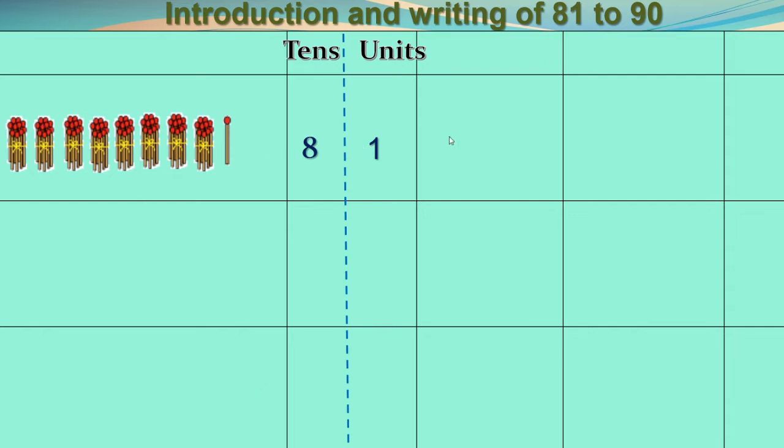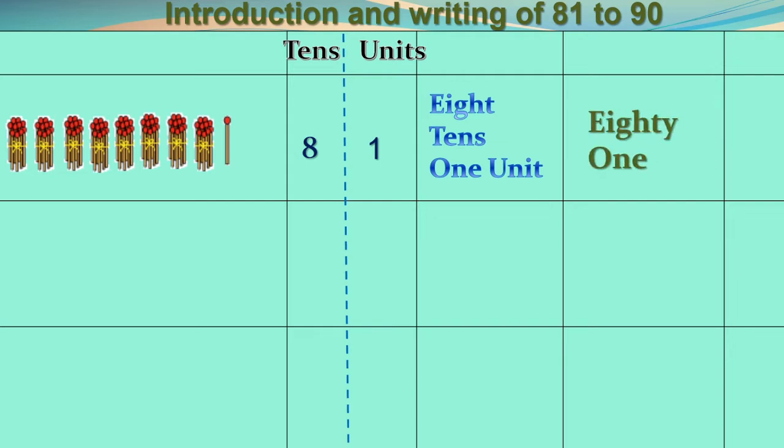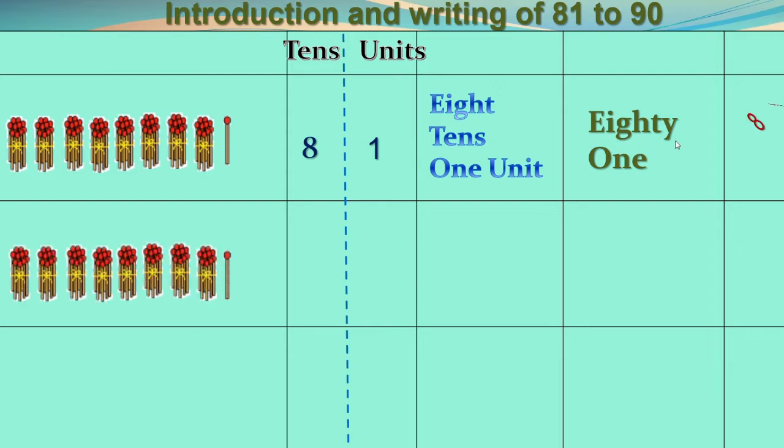So same thing, let us write in words, that is 8 tens and 1 unit. Okay, the number formed is, yes, very nice, 81. You know the spelling for 80, that is EIGHTY. 80 and 1 makes 81, right? Now here we can see 81 matchsticks, right?